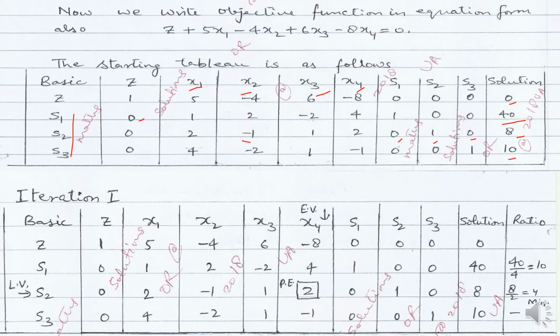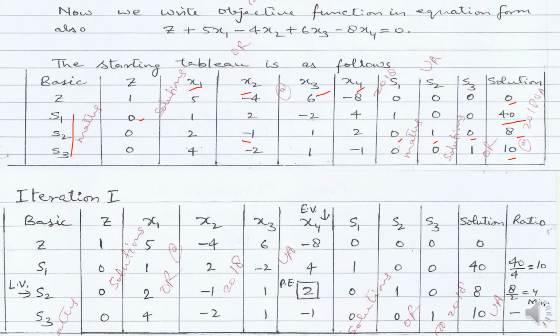So we got this starting table, and now because we have made it a maximization problem, we will check which one is the most negative. If it had been a minimization problem, and we had taken the equation as given in the question, we would have checked for the most positive element.